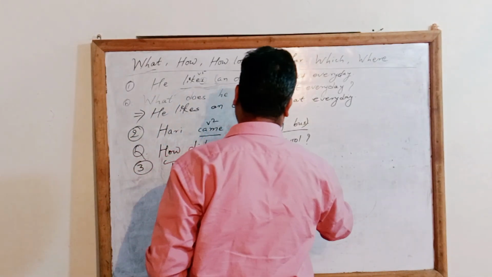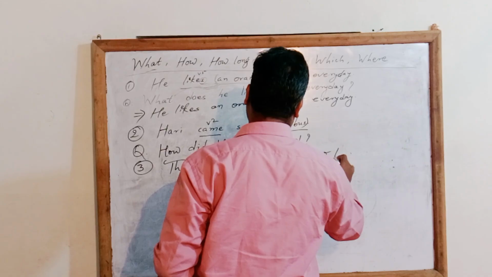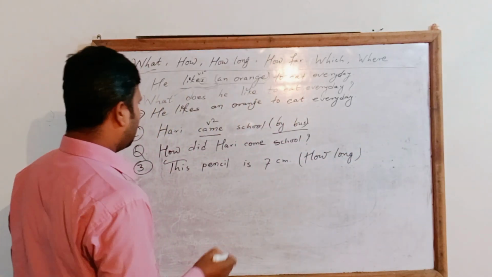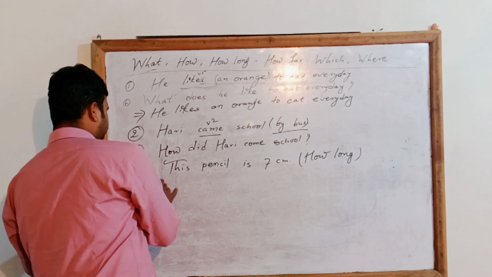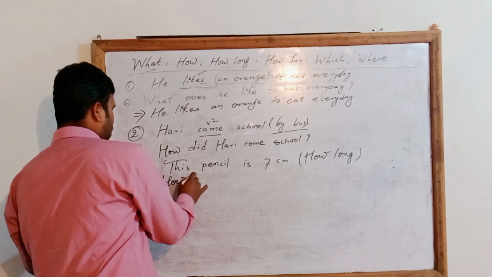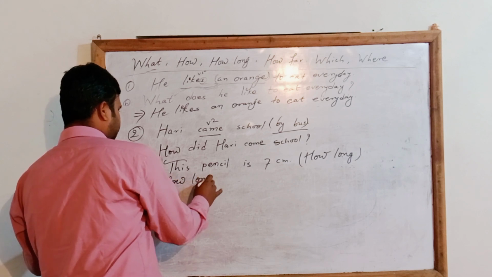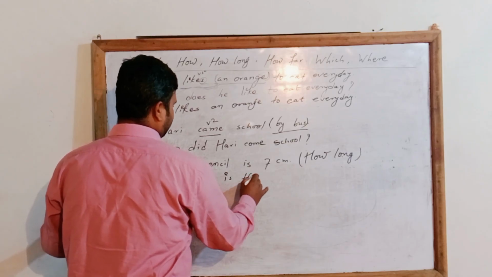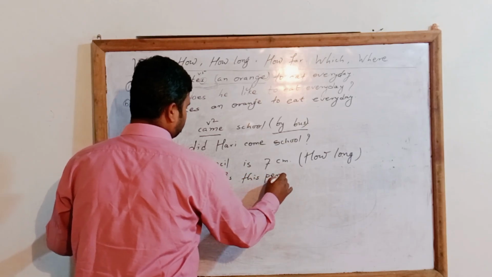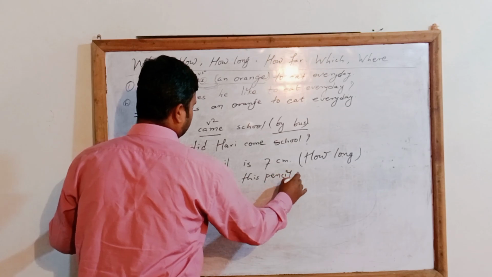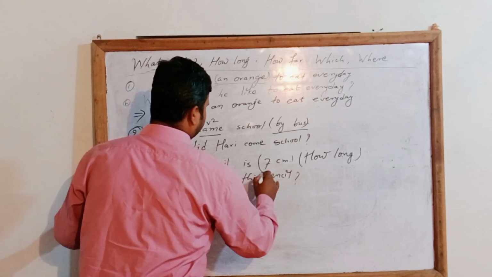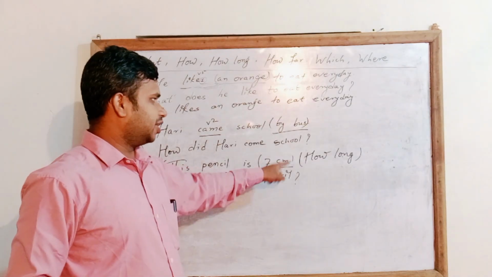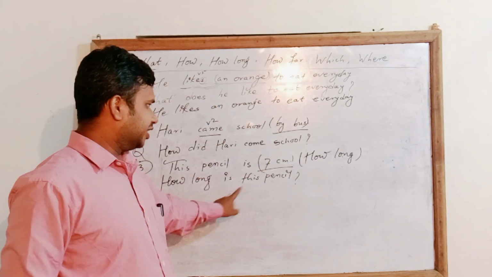There has given a how long question, then you have to make here how long is this pencil? The 7 centimeter. Okay, this is measurement 7 centimeter. How long is this pencil?